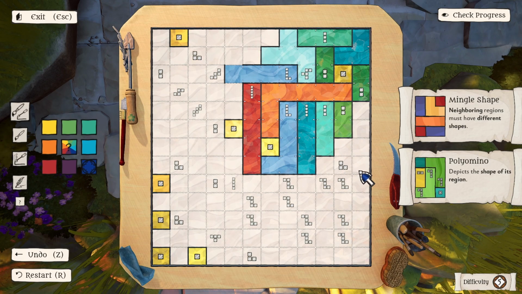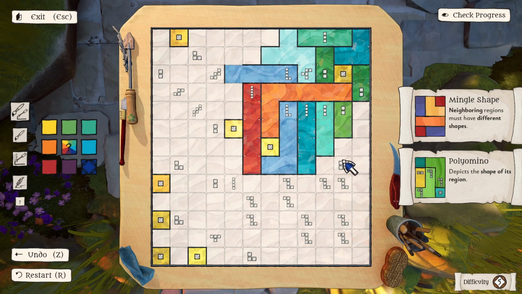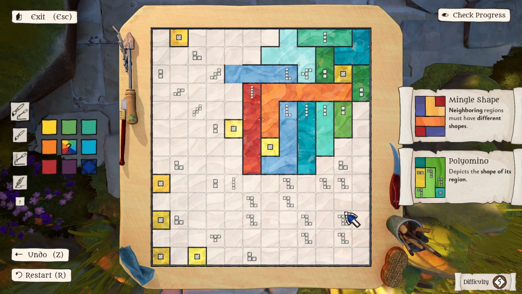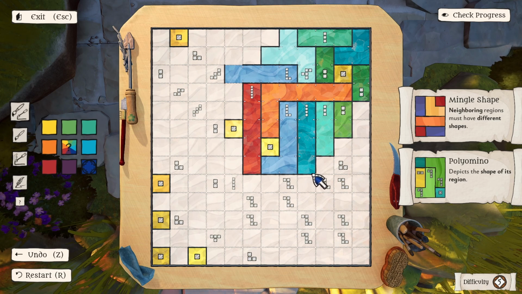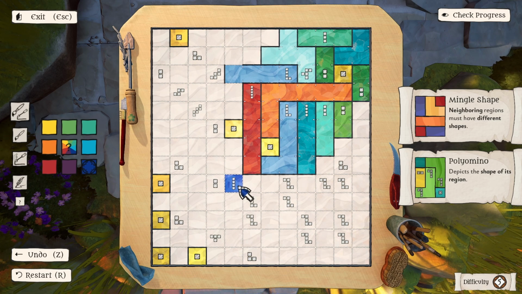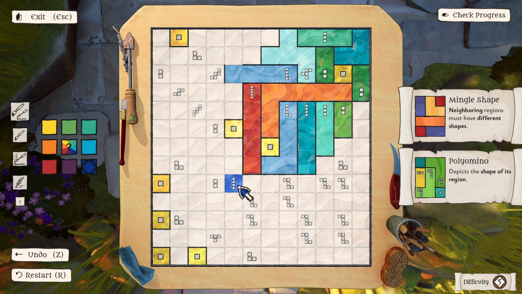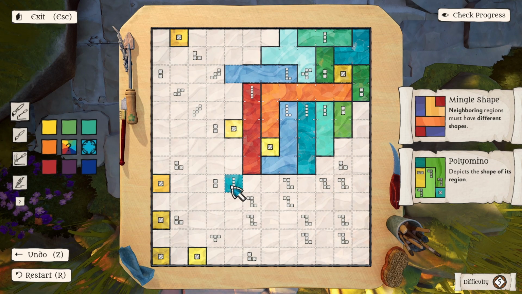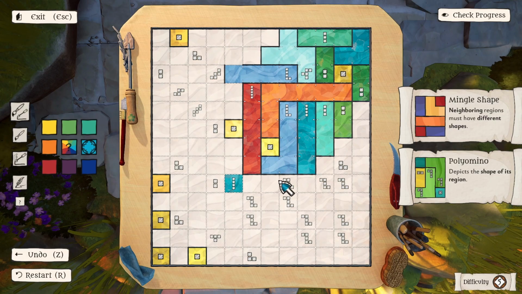Then there should be some sort of guidance here. That one. This shape, it can't go this way.